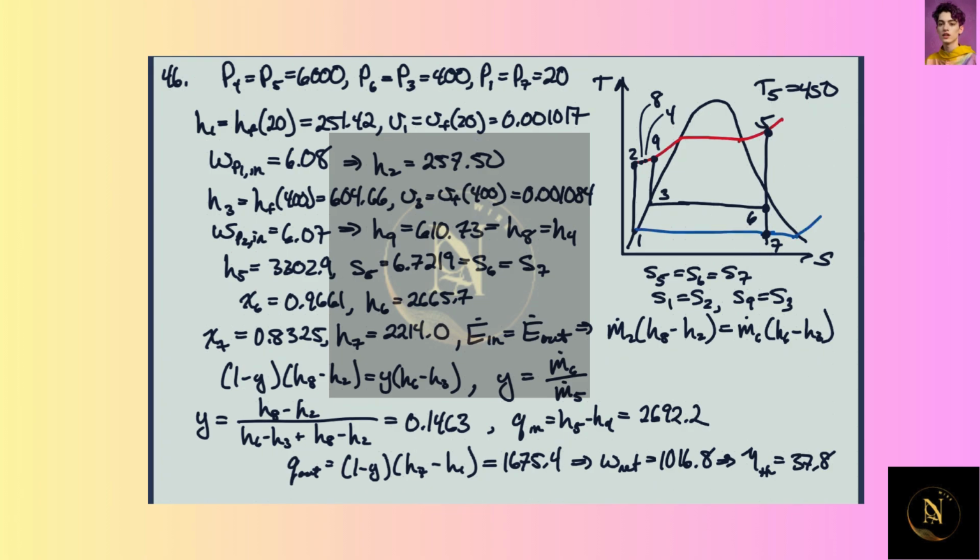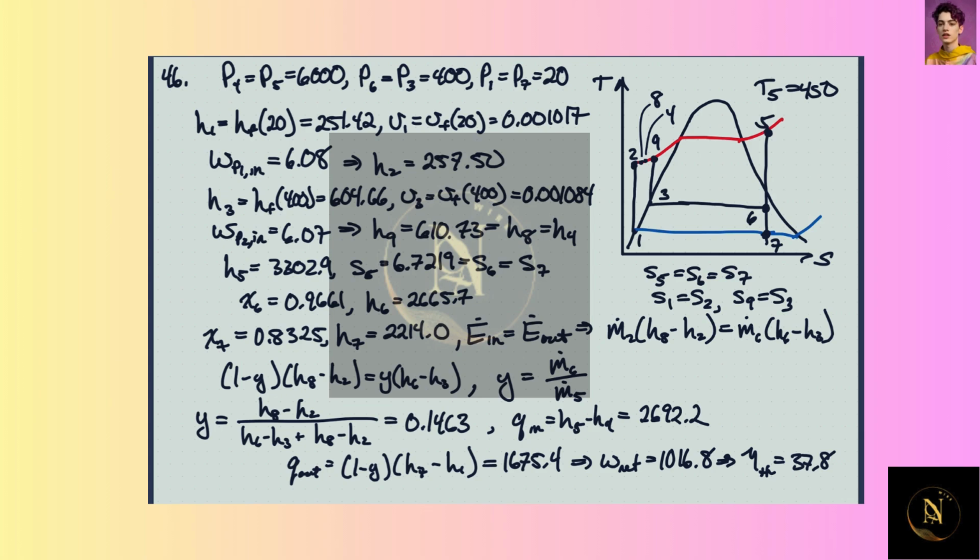So anyway, we can get this expression here for y, which is the ratio of the mass flow rate through the bleed line divided by the mass flow rate through the turbine.